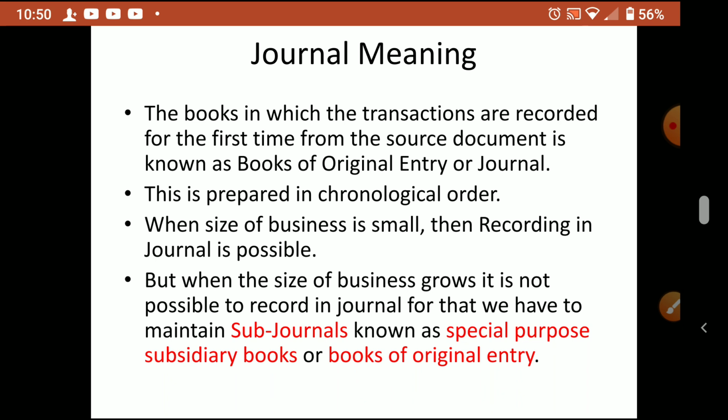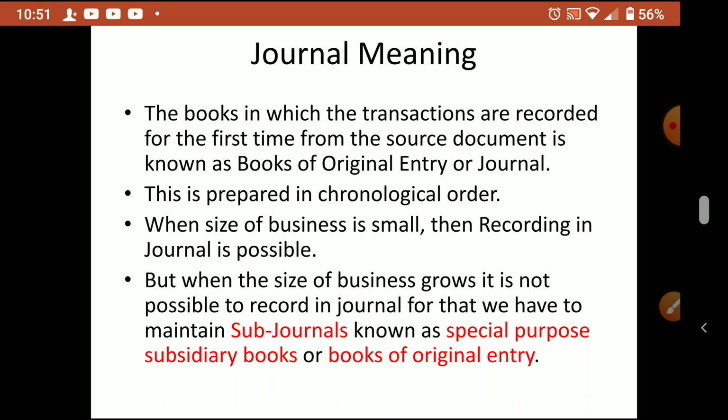But before that, we used to write journals in all business organizations, and if it is a large-scale organization, then they will divide this journal into different subdivisions. Only the same category of items we put in one particular journal. Suppose all purchases will go to the purchase journal, all sales will go to the sales journal, like that. The same category or repeating nature of items, or all cash transactions will go to the cash book.